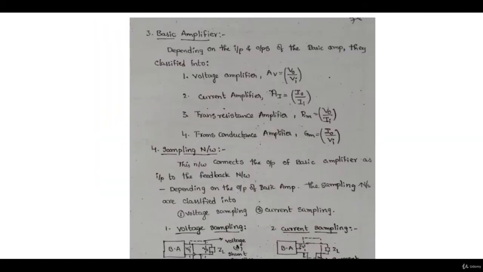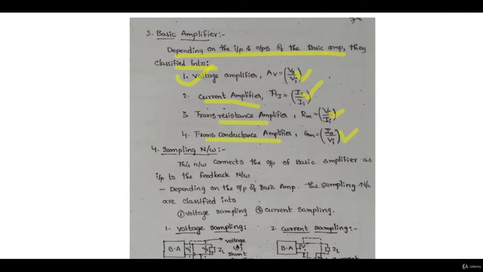Now let's go to the basic amplifier, which we have seen till now. Depending upon the input and output of the basic amplifier, they are classified as voltage amplifier, V0 by Vi; current amplifier, I0 by Ii; resistance amplifier, V0 by Ii; and transconductance amplifier, I0 by Vi.